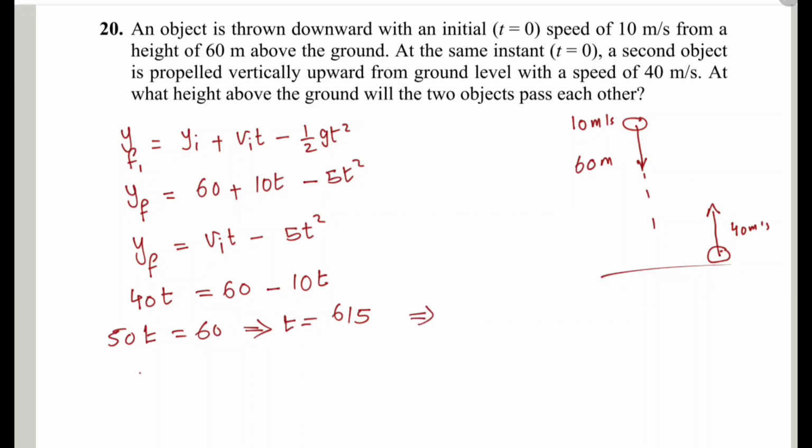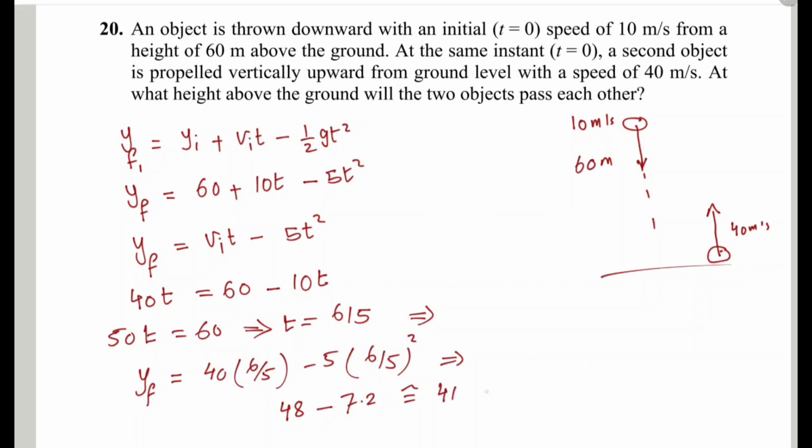And after all, y final equal to 40 times 6 over 5 minus 5 times 6 over 5 square, which is 48 minus 7.2, almost 41 meters.